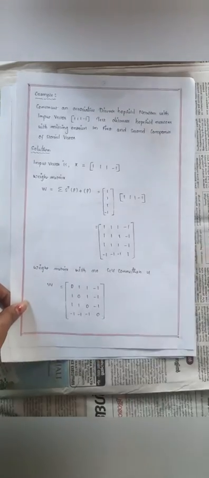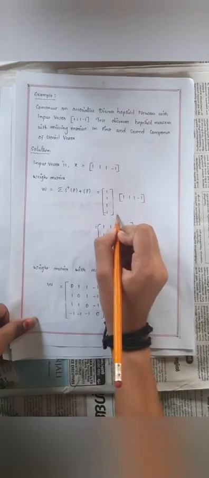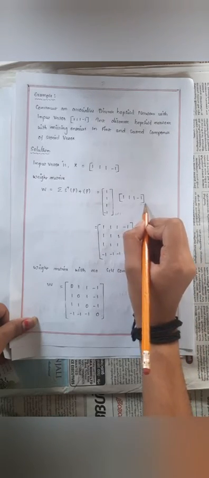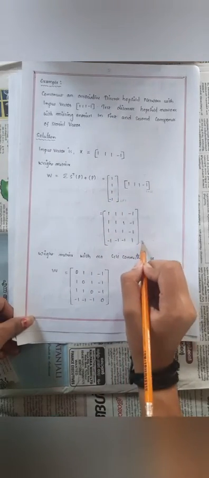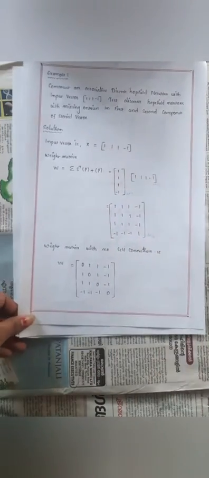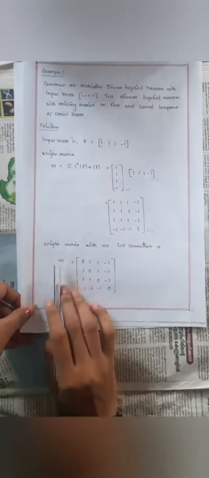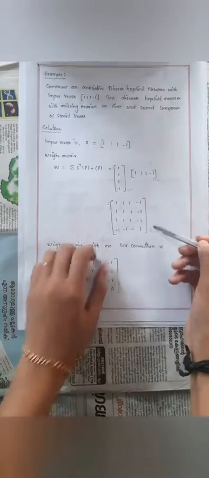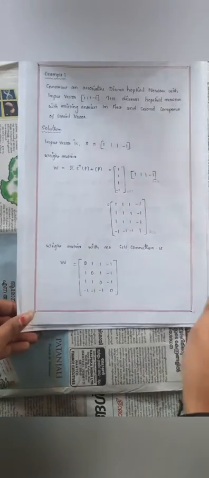Here it is a 4 into 1 matrix, and this is a 1 into 4 matrix. So when we calculate this, we will get a 4 into 4 matrix like this, that is 1 into 1, 1 into 1, and so on, like that we will get a 4 by 4 matrix.